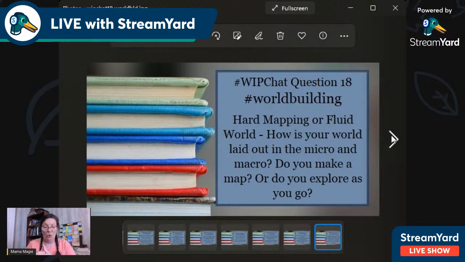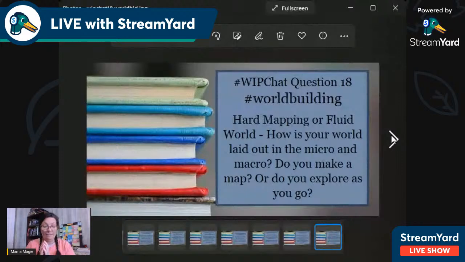When you are writing your world, if you're fluid world mapping, one of the things you think about is if you add a new element to this world, how is it going to change all the world you wrote before this? How is it going to change all the world you're going to write after this?